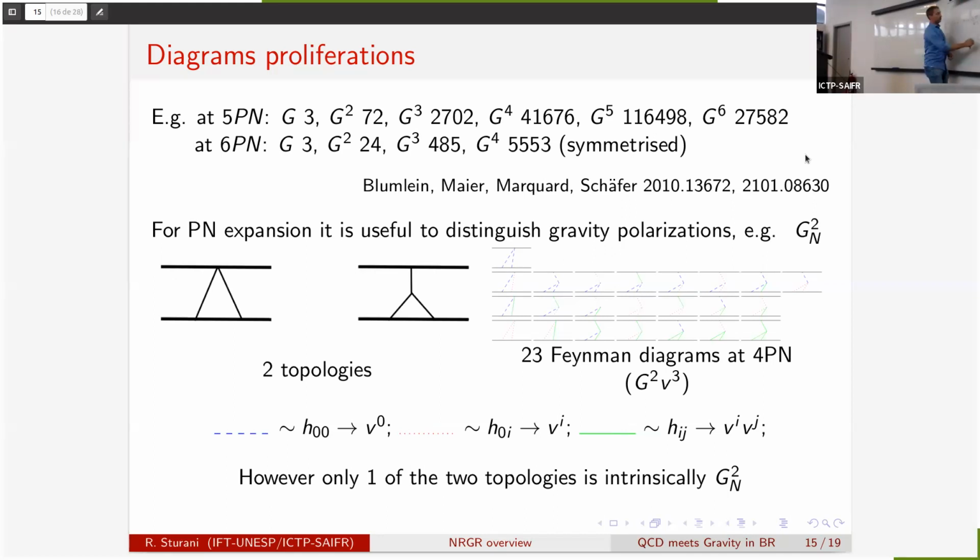Or the other way to see it: suppose that P is not a momentum but a wave number, then this is really dimensionless. But then P and M don't have the same dimension anymore. P and M over H have the same dimensions. And then you clearly see that when H goes to 0, M blows up. And so you should really keep only the leading one over M order.